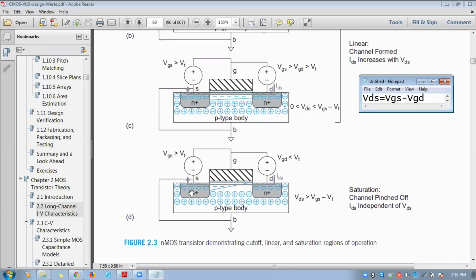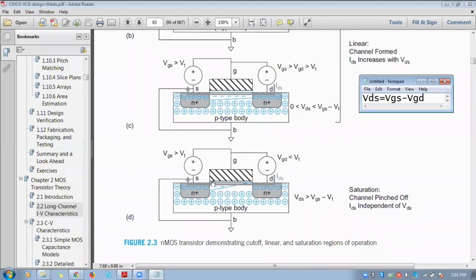Even though we have a high potential difference between source and drain, the VGD potential is very low. So the region below the gate oxide layer near the drain has no sufficient voltage to attract electrons near the silicon dioxide layer. So this region got pinched off due to the low potential difference between gate and drain.